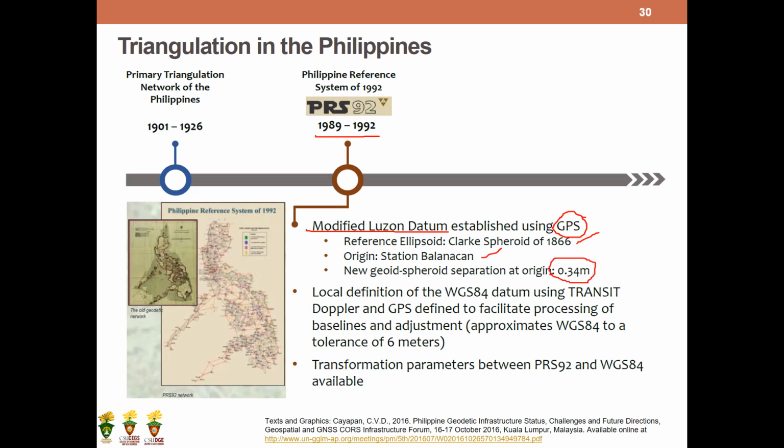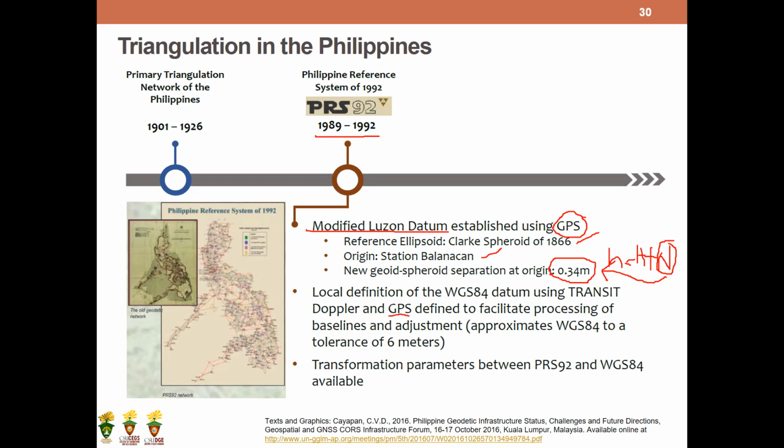So kaning geoid spheroid kanang sa formula nato na H is equals to h plus N, diba? So N mao ni siya si 0.34 si geoid spheroid. Local definitions of the WGS84 datum using transit Doppler and GPS defined to facilitate the processing of the baseline adjustment. So, of course, GPS ang gigamit.